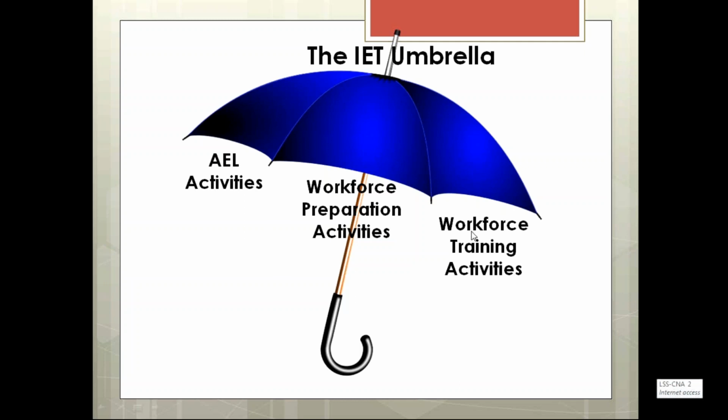So they're happening at the same time, and they're instructionally balanced, especially as it pertains to the teaching of basic skills. So an IET program may not only provide CNA training, for example. It needs to be balanced with the provision of basic skills instruction through that first component, AEL activities. And we'll talk about that a little bit more.